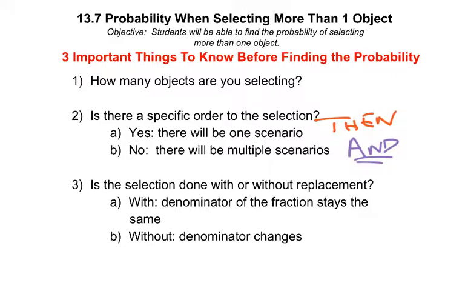So a king and a 5 could be understood as drawing a king followed by a 5, or a 5 followed by a king.